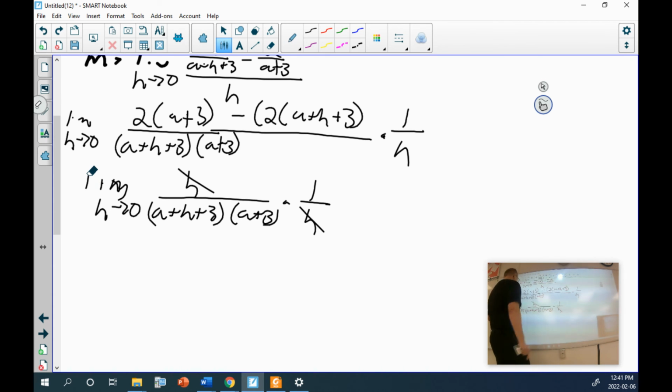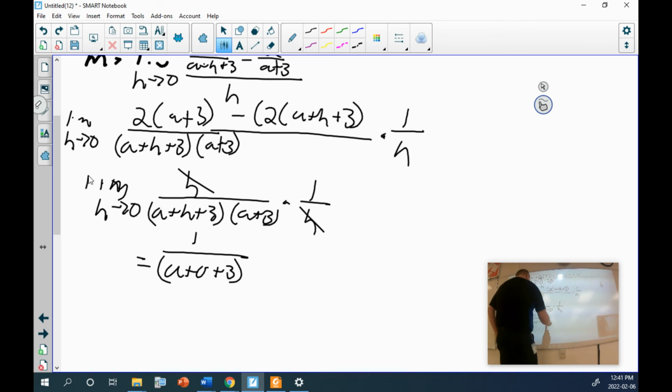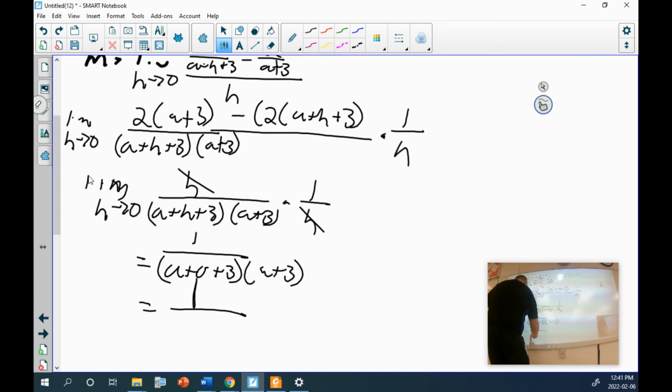Our h will then disappear, which allows us now to evaluate, and we're going to end up with 1 over a plus 0 plus 3 times a plus 3, which is 1 over 2a plus 3.